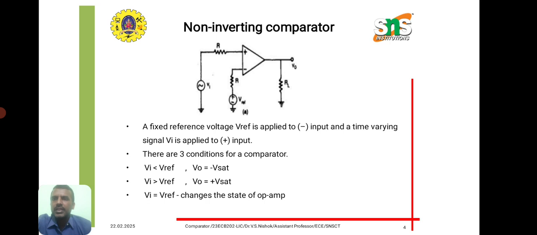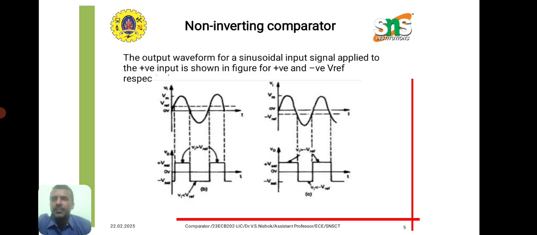In the same way, when Vi is greater than V reference, V0 will be equal to plus Vsat. These are the two main conditions we need to consider for the non-inverting comparator.